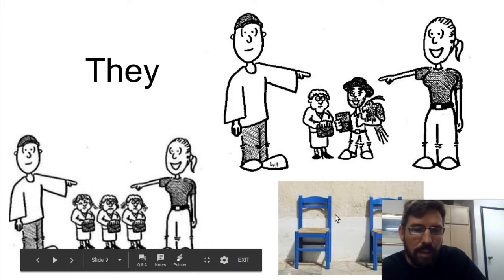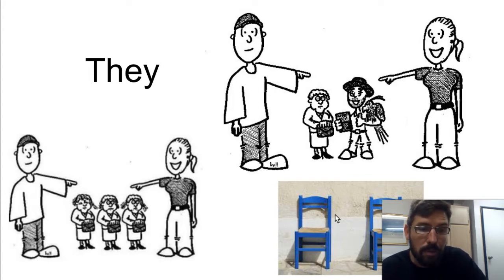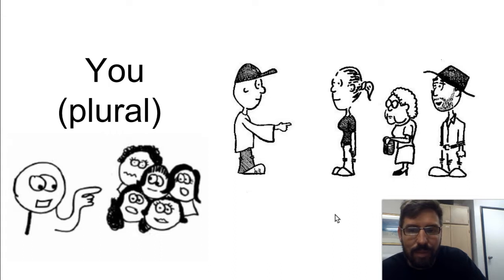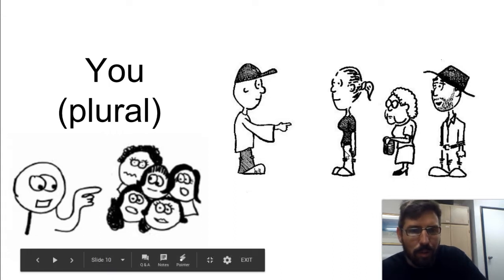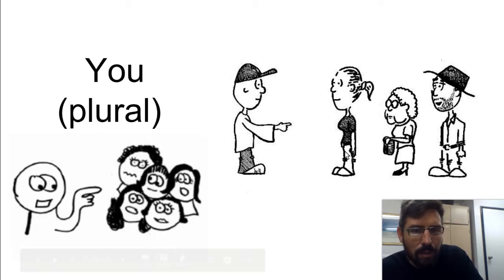I can say the chairs are blue, but I can replace the chairs with the word they. So I can say they are blue. You can also be for plural. So if I'm a teacher and I talk to my students, I can say, you need to sit down. You need to be quiet. You need to open your books. I'm talking to more than one, right?